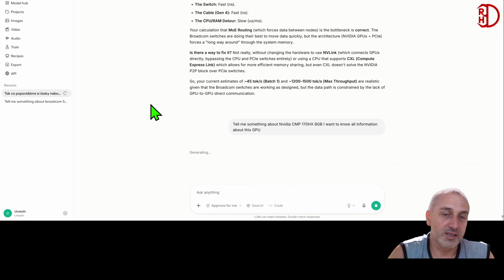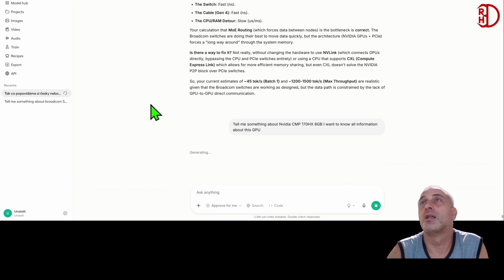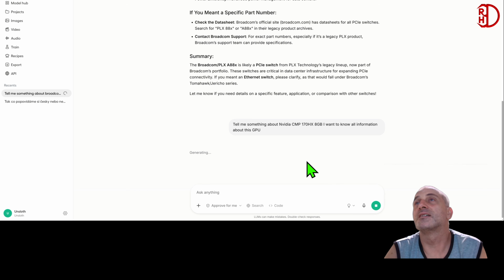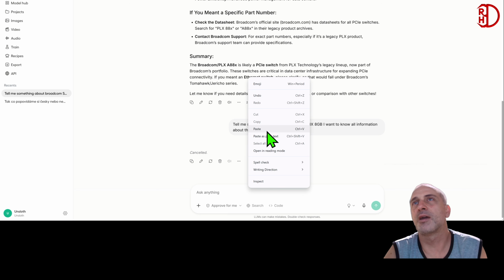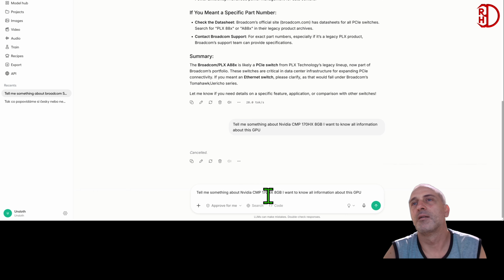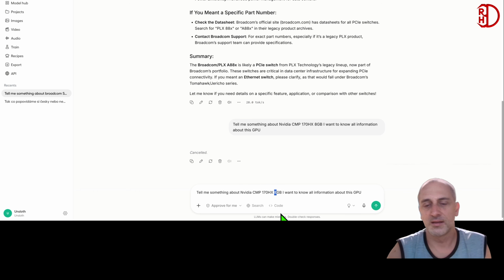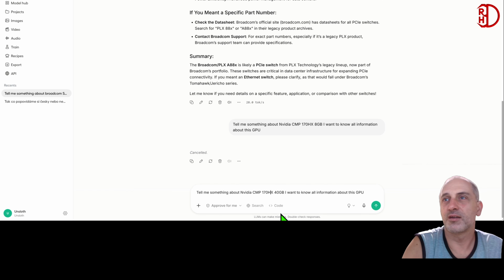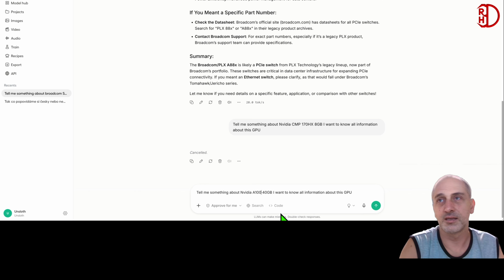Yeah, definitely it is a small model. It is only 27 billion. So I guess such a thing he doesn't know. I will maybe cancel it here and I will actually ask him about NVIDIA A100.